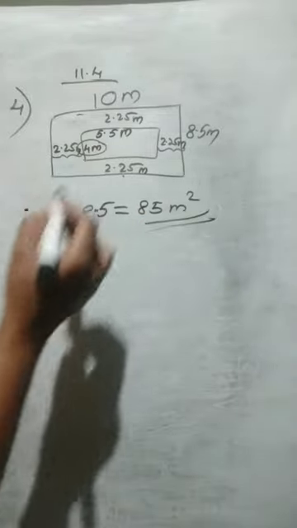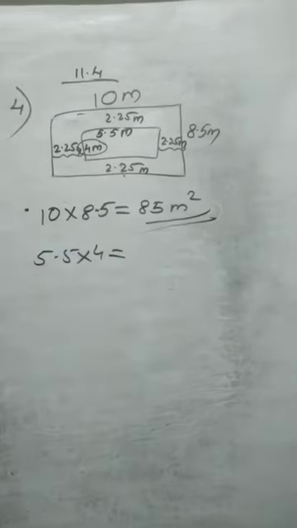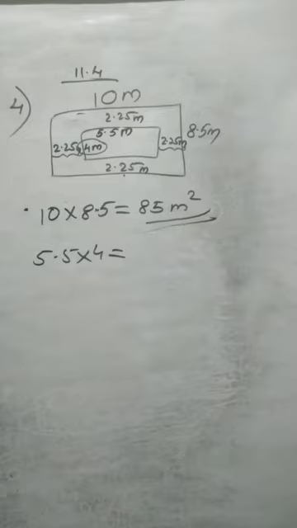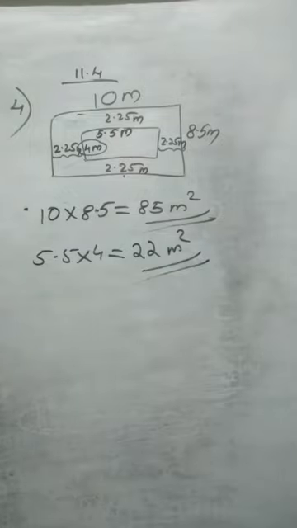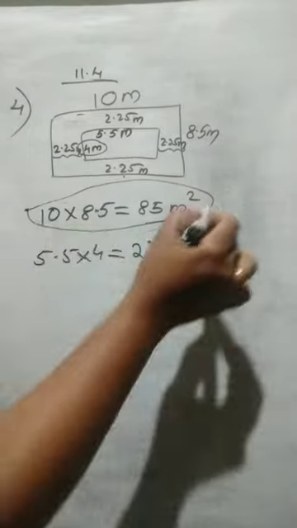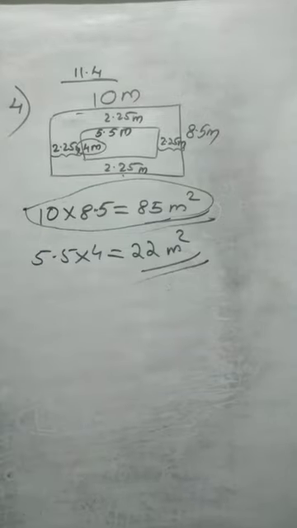And the inner side, that will be 5.5 multiplied by 4, which is equal to 22 meters squared. This one is the area with the path or veranda.